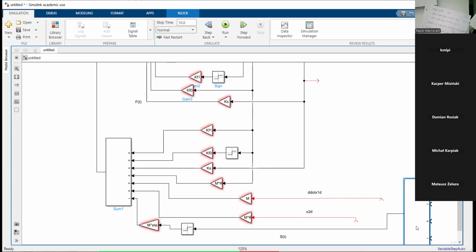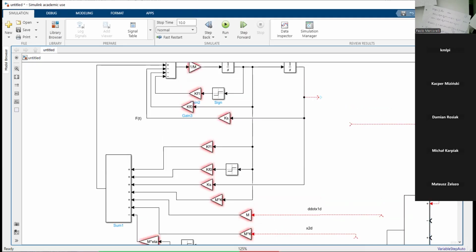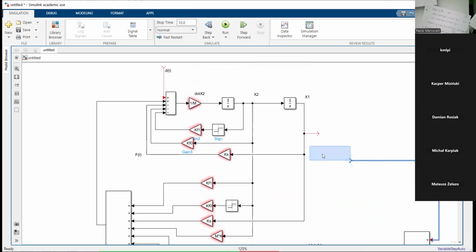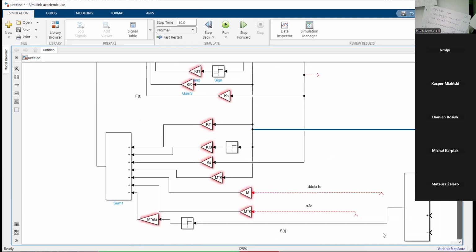I copy from it: x2 minus x2 desired. At home, try to do a little bit better, no?